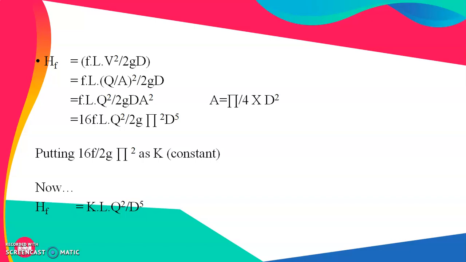Now as we are aware, area of a pipe equals pi by 4 into diameter squared. So the final equation what we will get will be 16 f L Q squared upon 2 g pi squared D raised to 5.